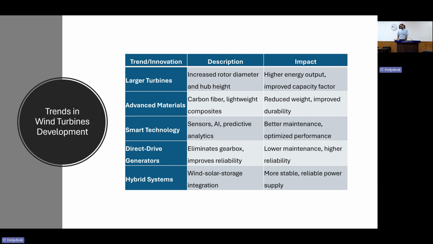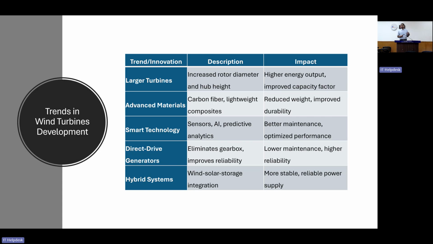There are also innovations related to the gear drive, like direct drive generators, which eliminate the application of the gearbox. As we remove the moving parts in any machine, it improves its reliability and durability. So direct drive generators require lower maintenance, and they have higher reliability.